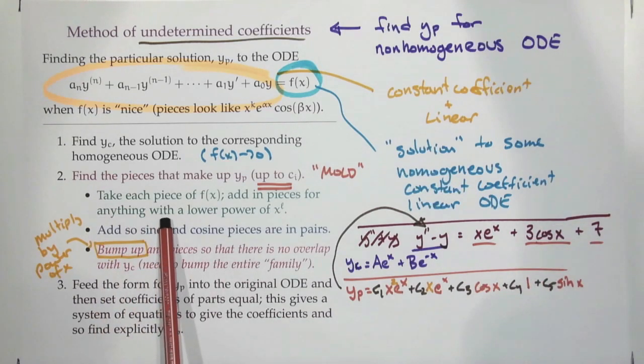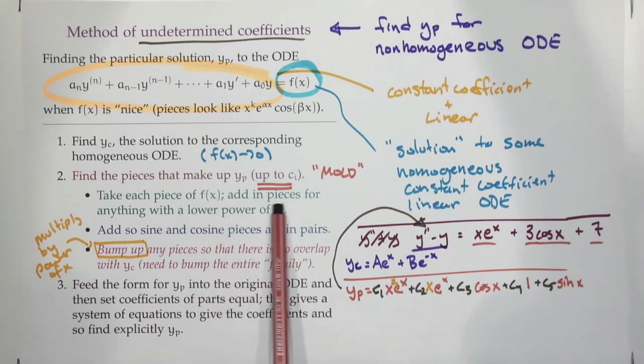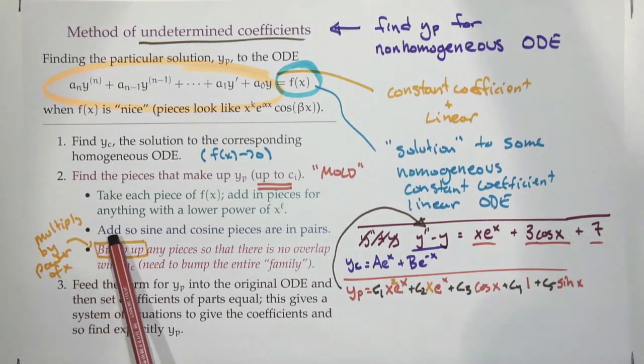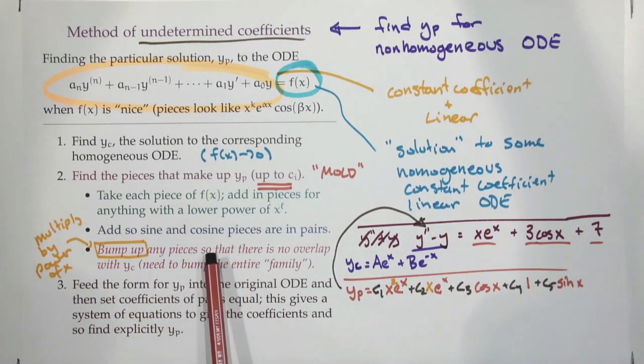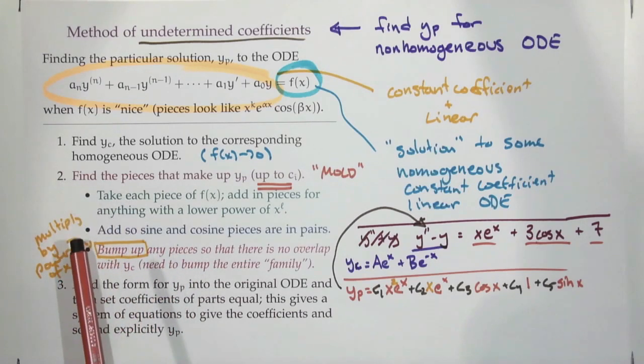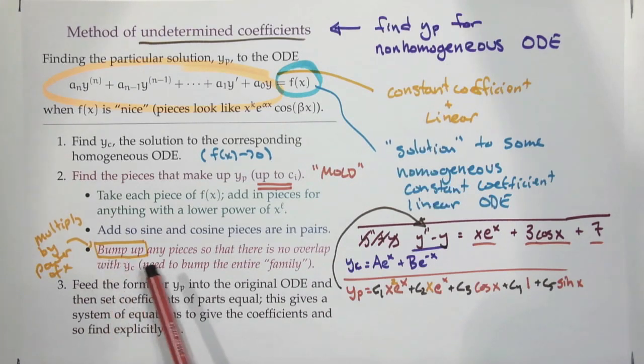Those were parts. But we have to say, hey, if you have a power of x, like x squared times something, or x cubed times something, you have to make sure you have all the lower powers of x as well. Because the rule is, the powers of x build up. So if you have a high power of x, that means something had to build up to it. So that's why we have to include lower powers of x.